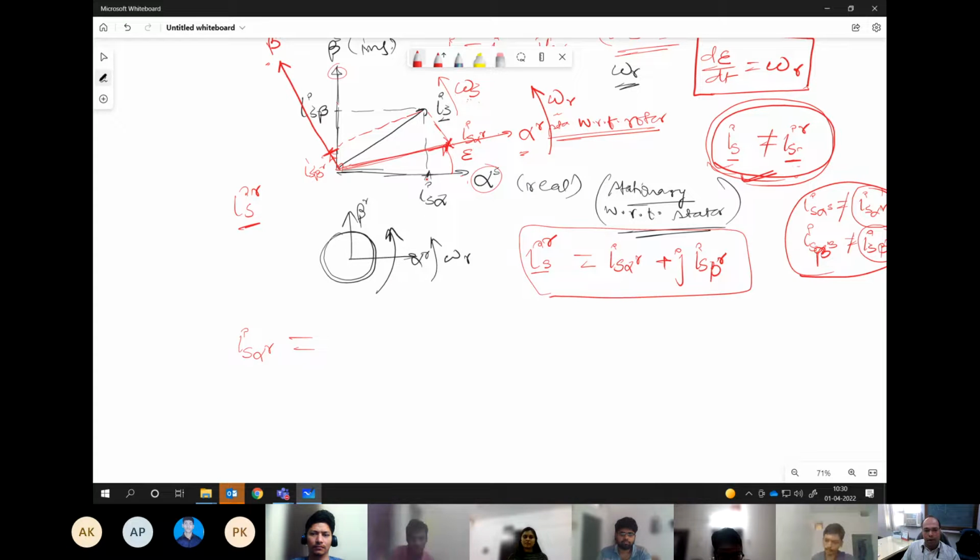So what are the components? Is alpha s and Is beta s. These are the components on the alpha s beta s axes. You express this component in terms of these two. So what can be done? Which means the projection of this Is alpha s and Is beta s on the axis alpha r. You understand this geometry?